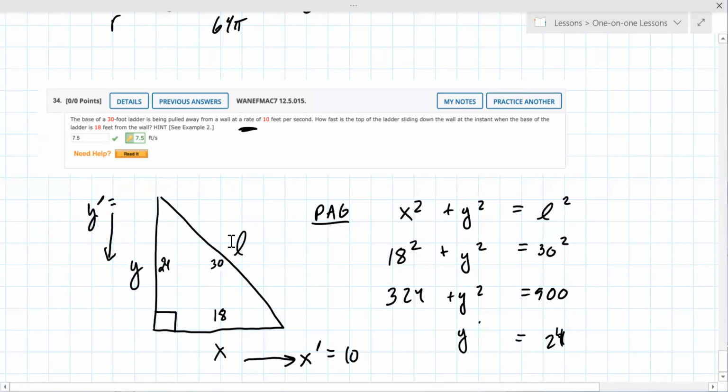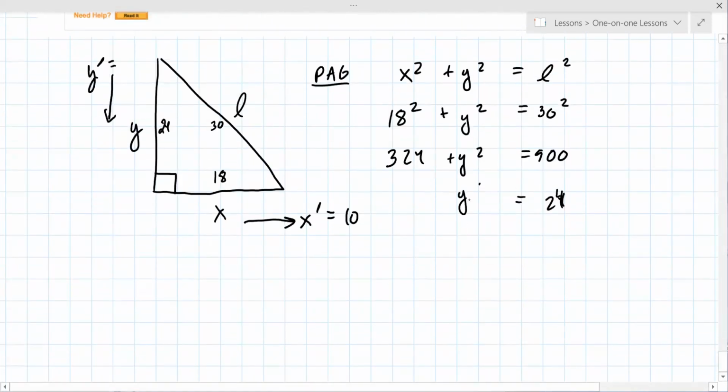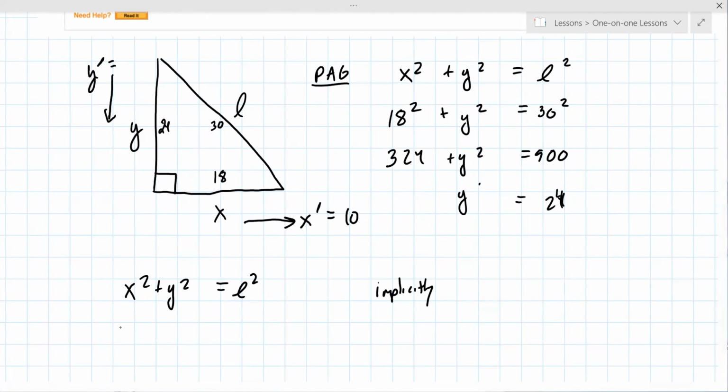Okay. This is where I think there could be some confusion, because you understand everything I hear. You have to take a derivative of this equation, but you do it implicitly. Do you know what I mean by that? Not really.